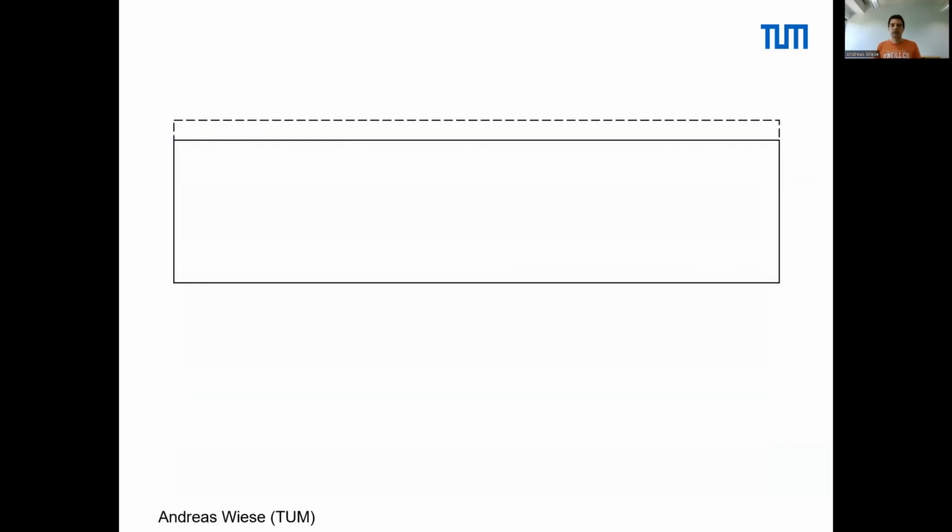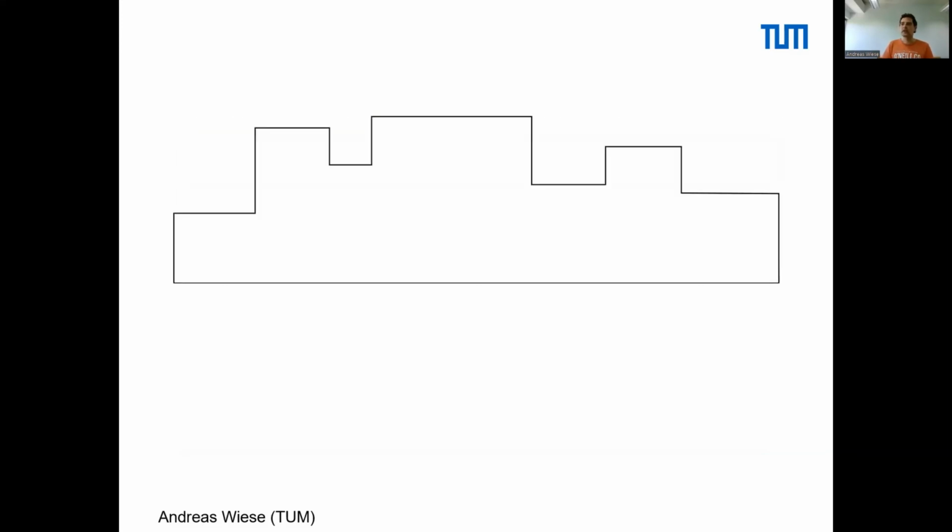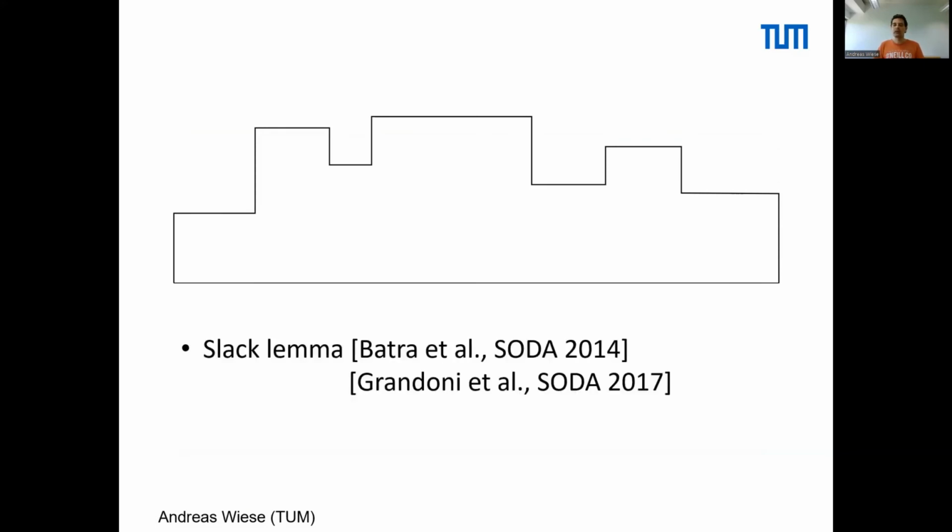So now everything I showed you was for the simplified setting of uniform capacities and resource augmentation, but of course you want the setting without resource augmentation and with varying capacities. And here we use a tool that we also used in previous work, which is what we call the slack lemma.